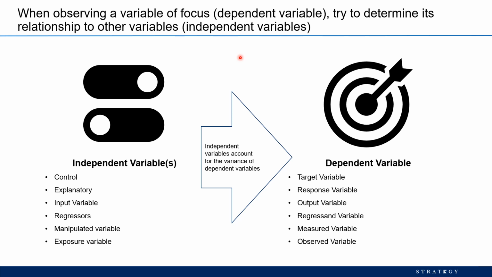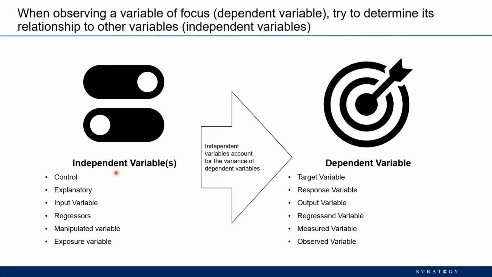Typically, your dependent variable is the variable you do not have control over, whereas your independent variables are variables you have control over. And the idea is you want to figure out how you can manipulate your independent variables to get the desired outcome of your dependent variable.